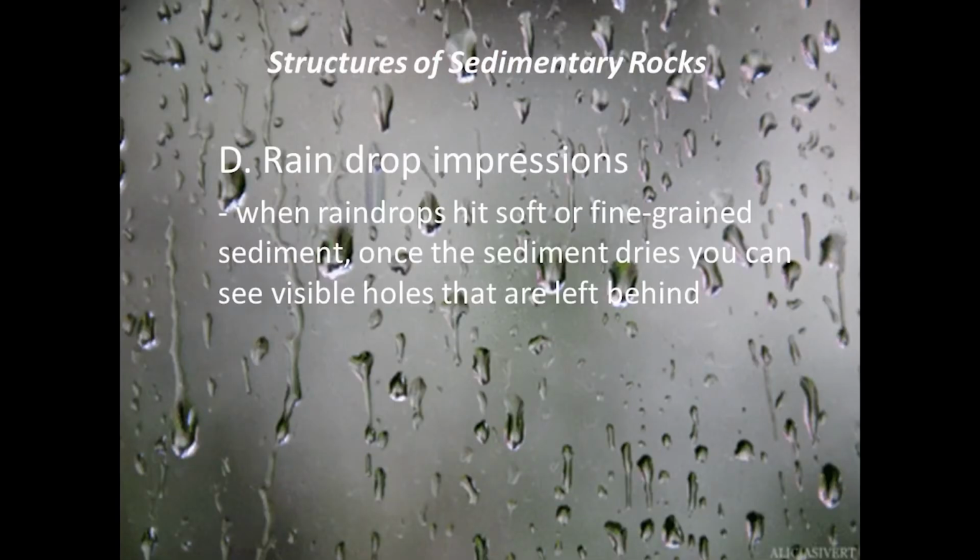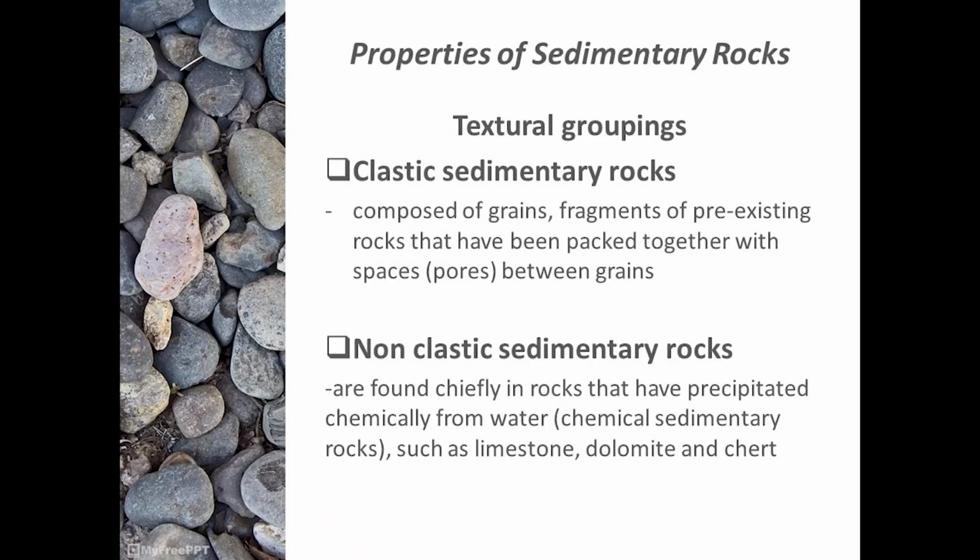It is when raindrops hit soft or fine-grained sediment, and once the sediment dries, you can see visible holes that are left behind. In the properties of sedimentary rocks, we have the aspect of textural groupings. We have the clastic and non-clastic sedimentary rocks.